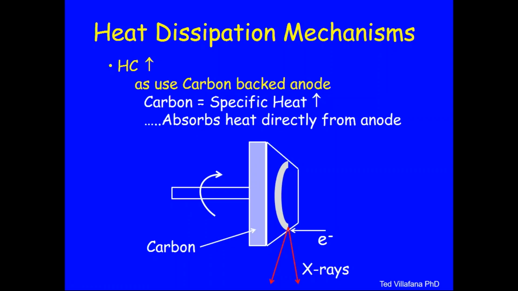The carbon will not go up in temperature very much. That's what we mean by specific heat, and therefore you have a relatively good thermal differentiation between the two, which will enhance the conductivity of heat away from the anode to the carbon heat sink.